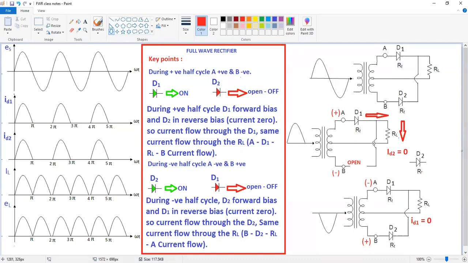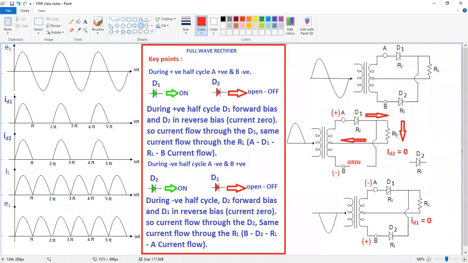Because here there is no path in the downward direction. It is 0 here. If the load current is flowing like this, this is 0. So that's why the total current flows like this.